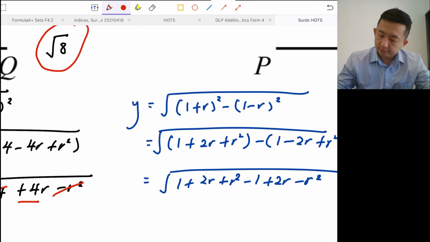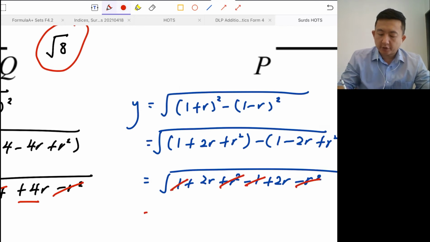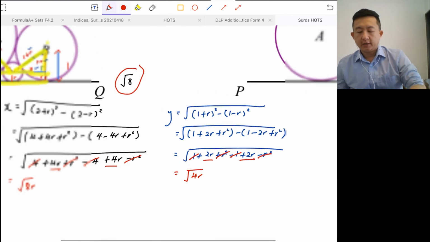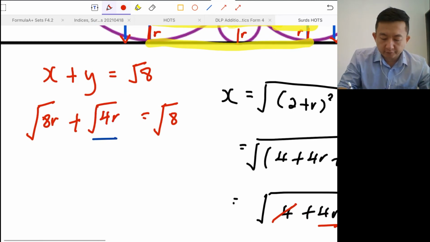Simplify it. 1 minus 1, no more. R squared minus R squared, no more. So you have 2R plus 2R, you have 4R. Root 4R. So this is what you have.